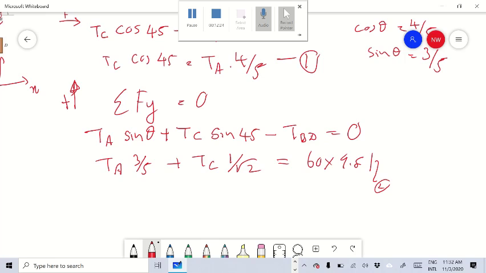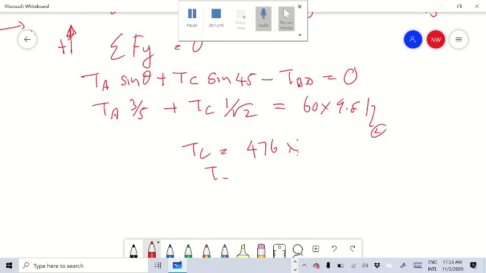If you solve this one, you will get TC is equal to 476 newtons, and TA is equal to 420 newtons, right? So we'll get something like this.